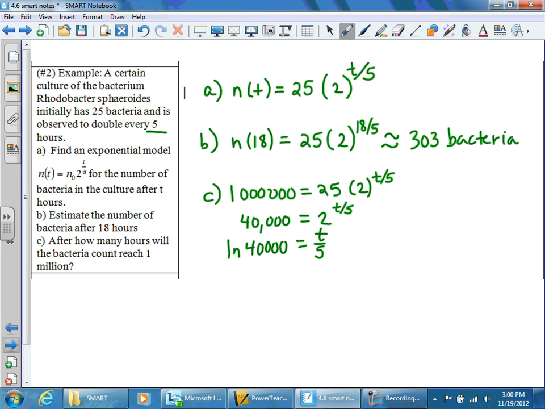That would bring my exponent down. Now I can multiply by 5 and divide by the ln of 2 to get T. You can see what that is approximately by putting it into your calculator. I got about 76.4, and time here it said was in hours.